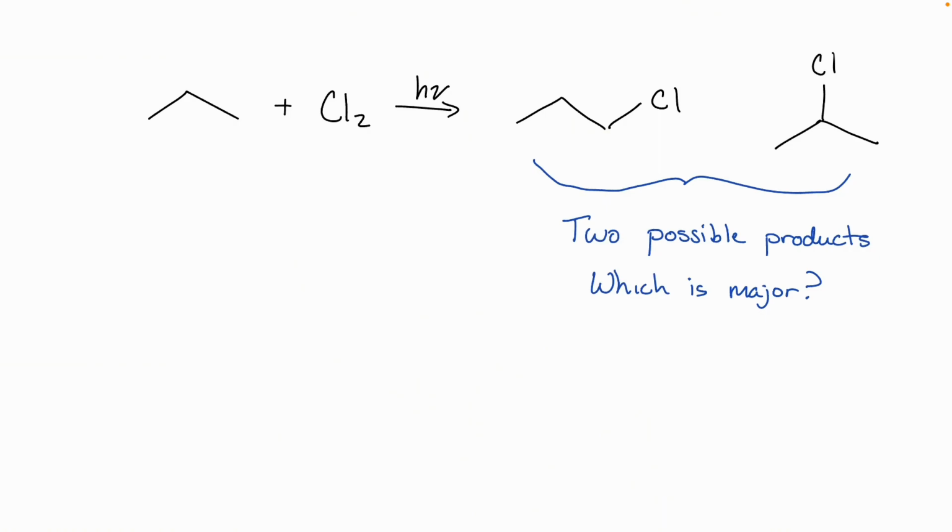Which is the major product? Okay, we're going to lay some groundwork here, but by the end, that's what we're going to be able to answer about this particular reaction. Out of these 2 products here, which one's going to be the major product of this reaction?